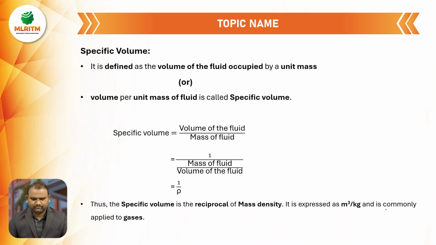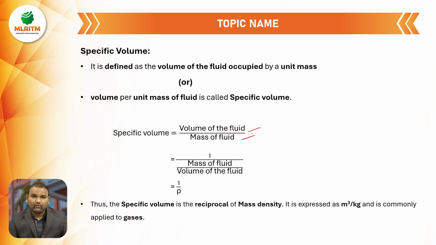Specific volume. It is defined as the volume of fluid occupied by a unit mass, or volume per unit mass of fluid is called specific volume. Specific volume is equal to volume of fluid by mass of fluid.